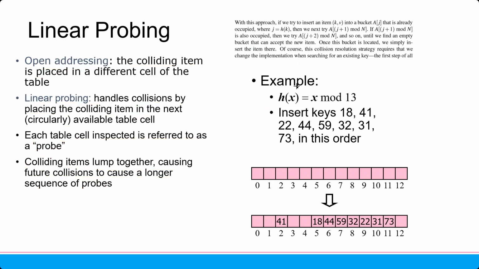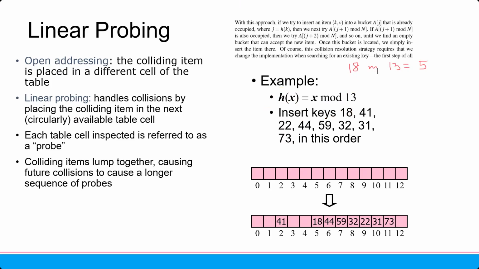Now let's see. I have the hash function x mod 13. Now I want to insert keys. The first key is 18. 18 mod 13, what is the result? It is 5.